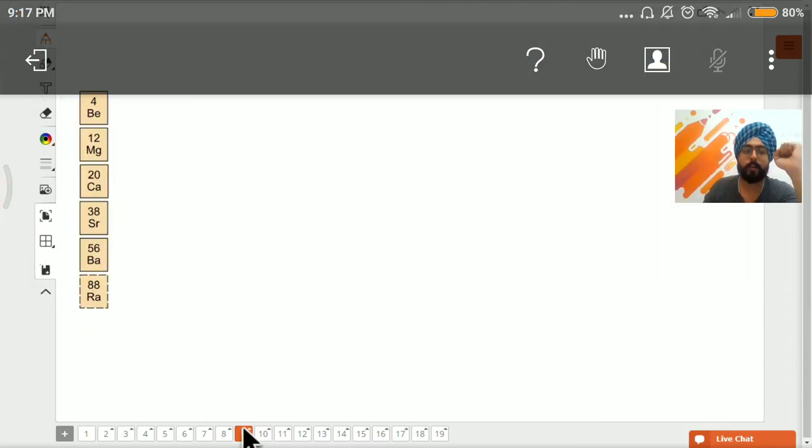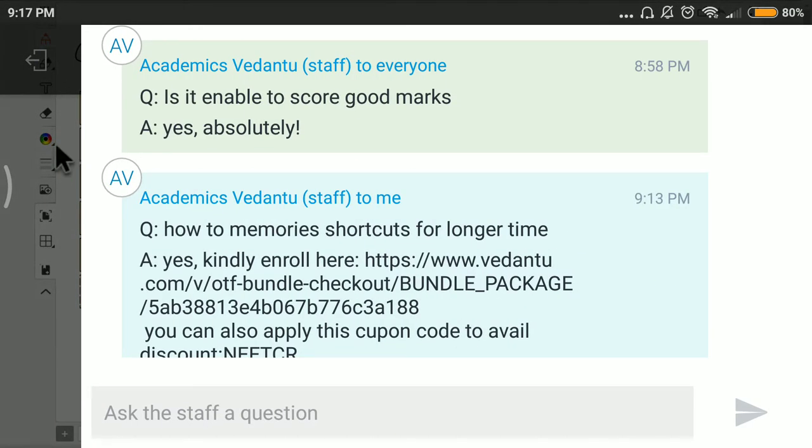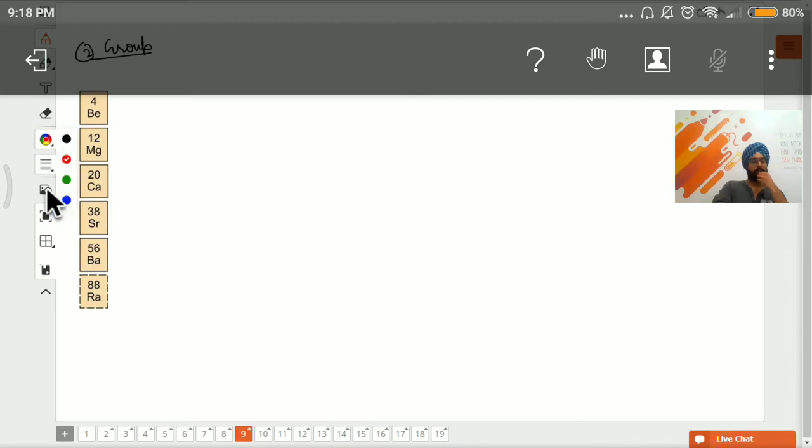Okay. Let's jump on to the second group. All right. So this is the second group of the periodic table, which is also from the S block. Now, the way I memorize it is going to be interesting for all of you Harry Potter fans out there, because the way I memorize it in my mind is "beta muggle ka sar bada."